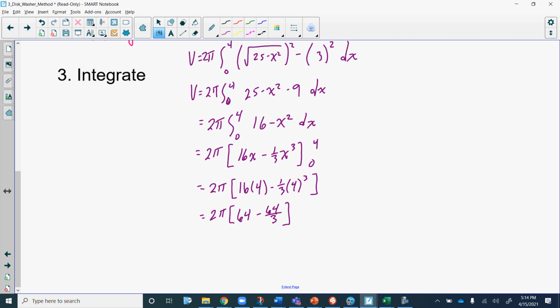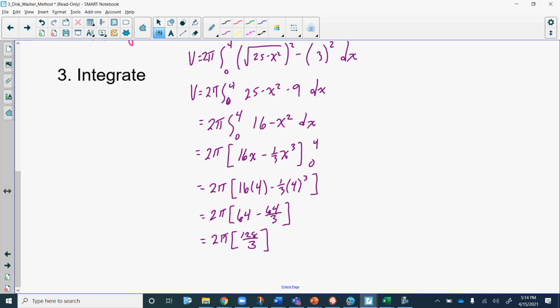Yeah, get a common denominator here. So I'd have to multiply by 3. I need a calculator here. 64 times 3 minus, well, I'm going to subtract 64, so it's really just 64 times 2. So that'll be 128. 2 pi times 128 over 3.